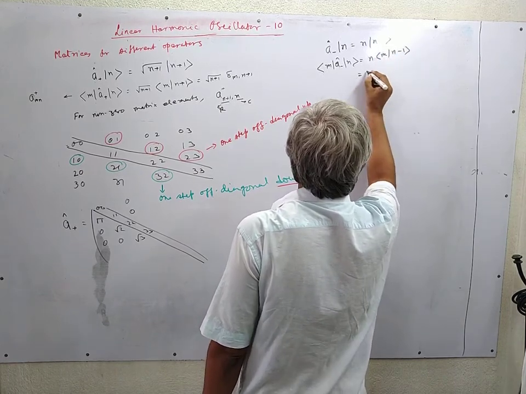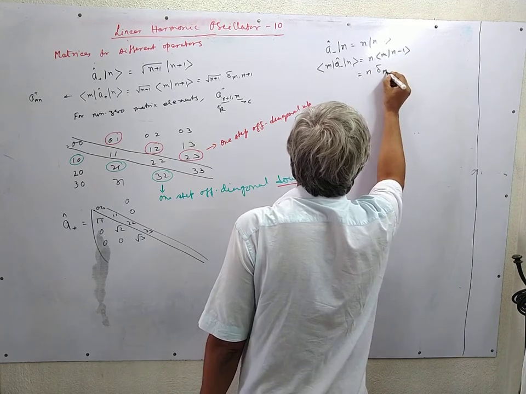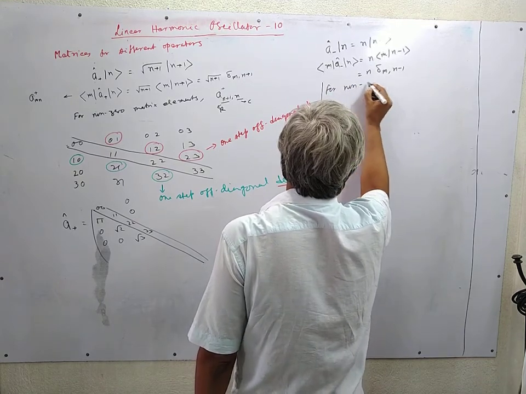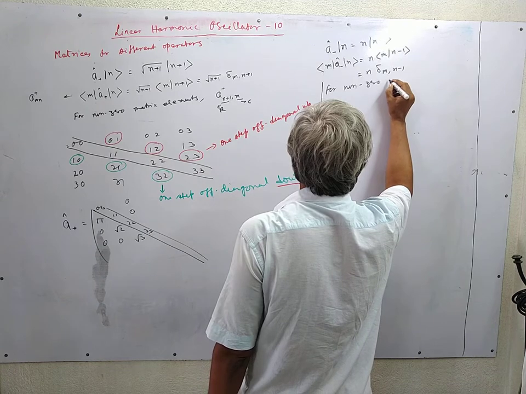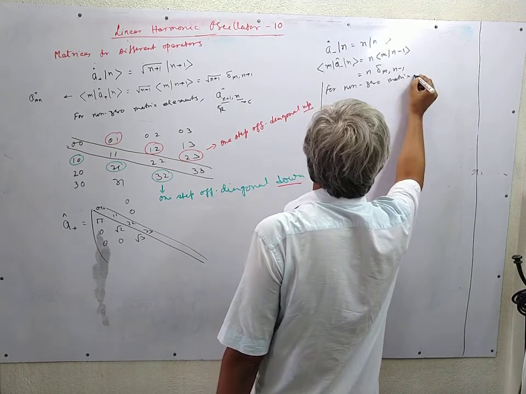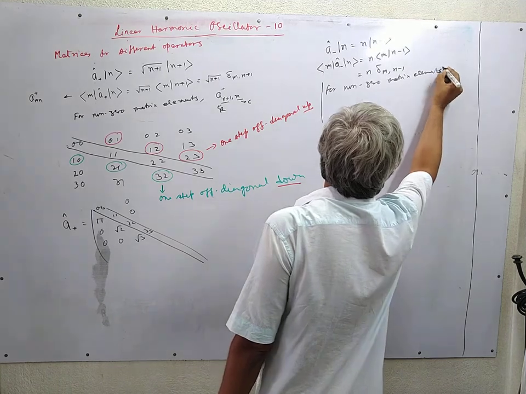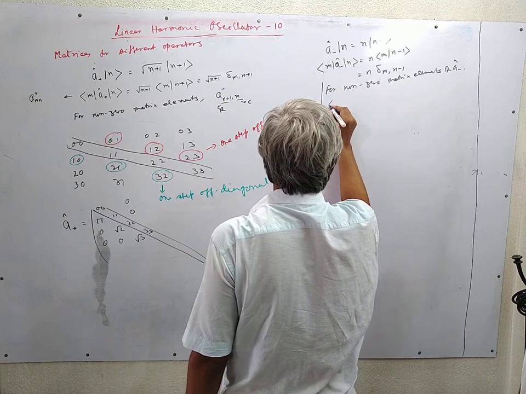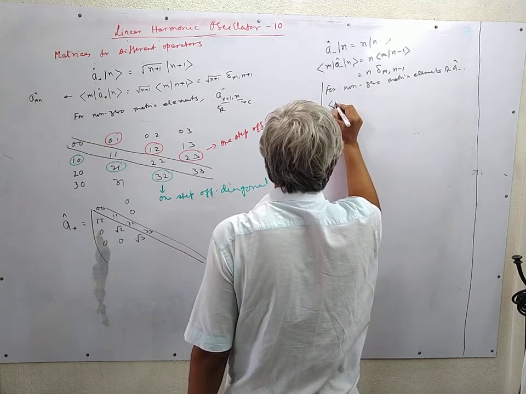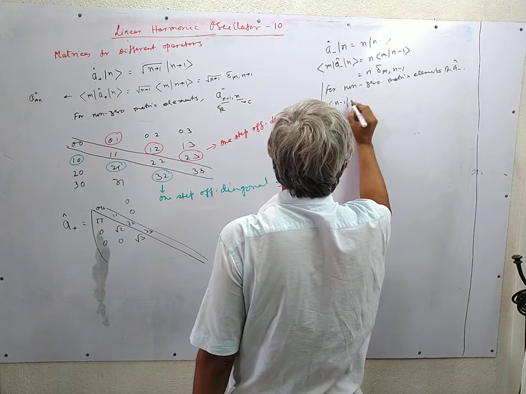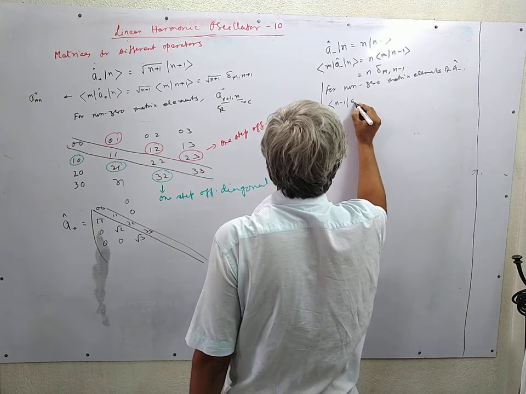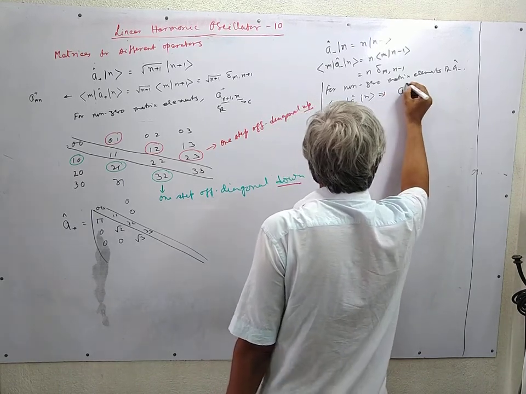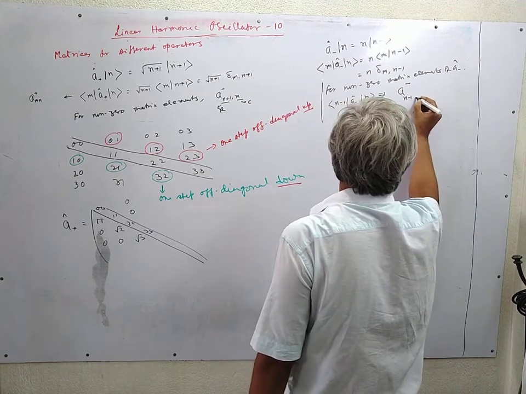The orthogonality demands that for non-zero matrix elements of A minus, we must have m equal to n minus 1, that is, these matrix elements are A minus, n minus 1, n.